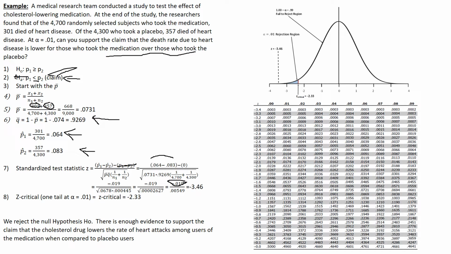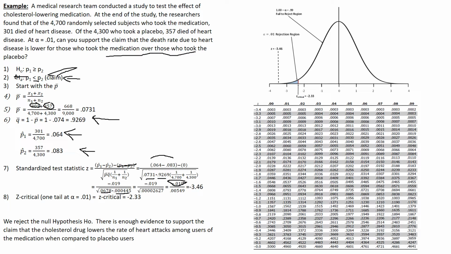And then I multiply my P bar times my Q bar, 0.0731 times 0.9269, times 1 over the first sample size, 1 over 4,700 plus 1 over 4,300. 0.0731 times 0.9269 is 0.0678. 1 over 4,700 plus 1 over 4,300 is 0.000445.